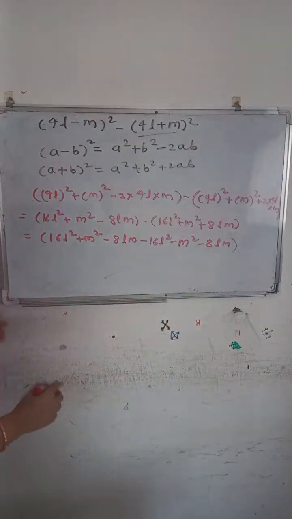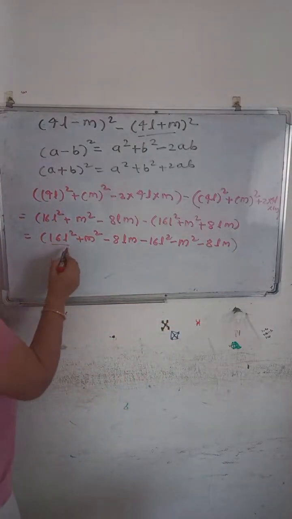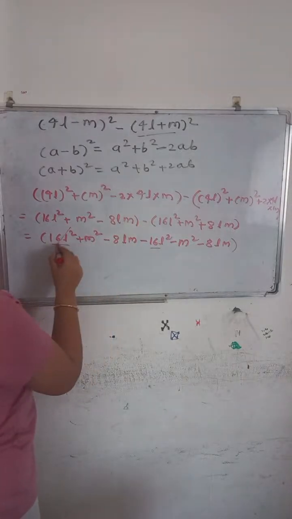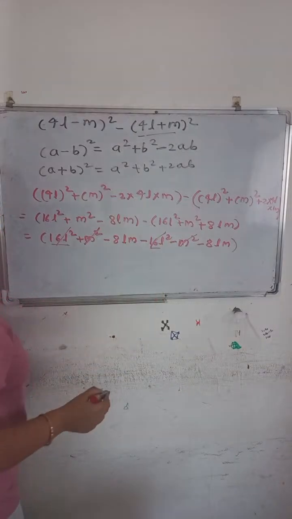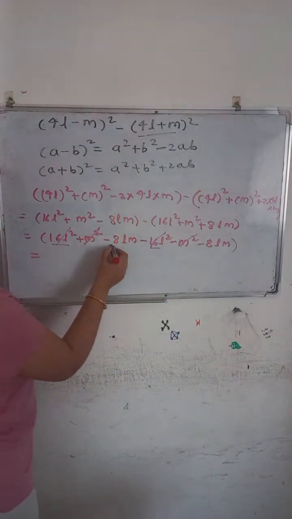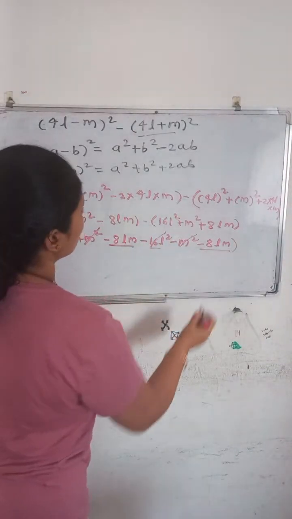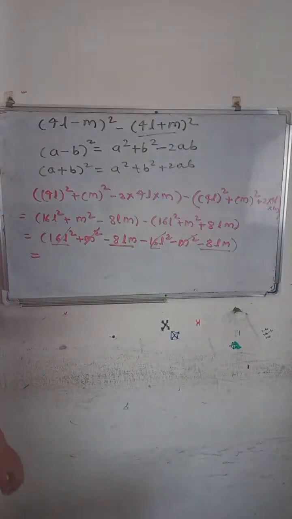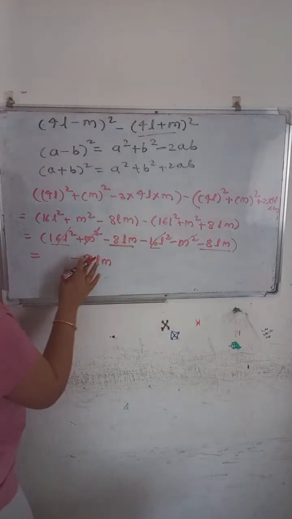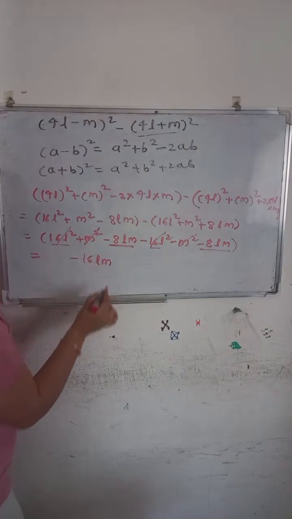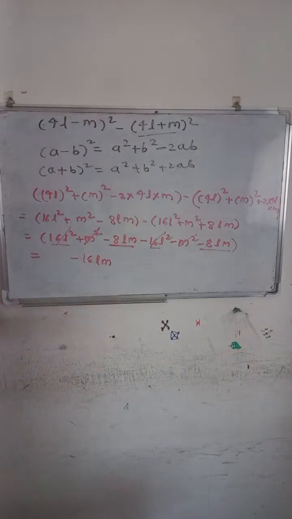Okay, now check here: plus 16L square minus 16L square get cancelled, plus m square minus m square get cancelled, and here minus 8LM, both are negative, so we add and give the negative sign. So minus 8LM minus 8LM is 16LM with a negative sign, that is minus 16LM is the answer.